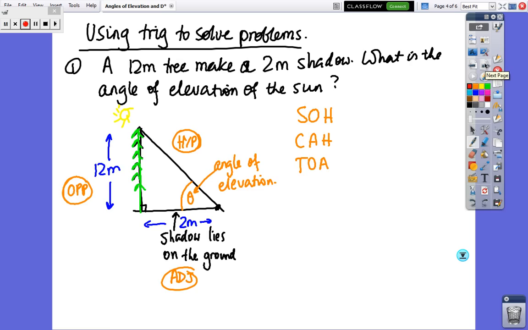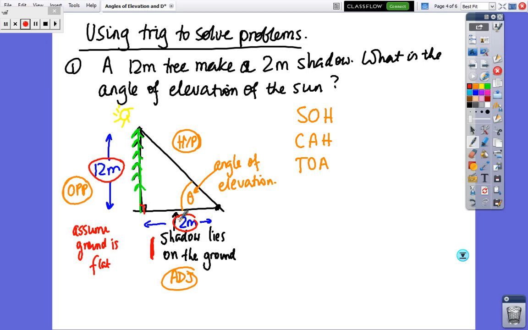Okay, so we've got a 12-metre tree making a 2-metre shadow. You've got to remember that shadows always lie on the ground, and we have to assume that the ground is flat, and that the tree goes straight up. So looking at the numbers, we've got a right angle triangle in the corner, there's a 12-metre tree, and there's a 2-metre shadow.